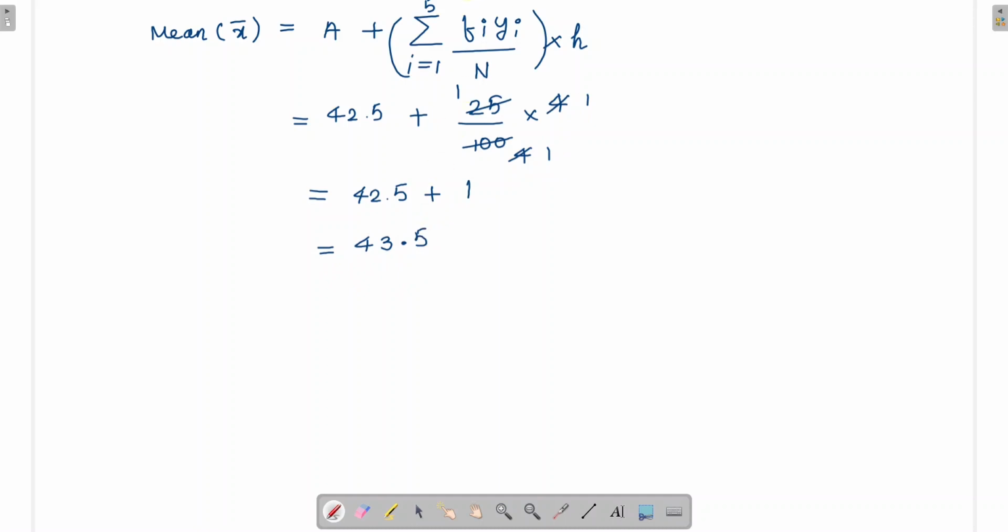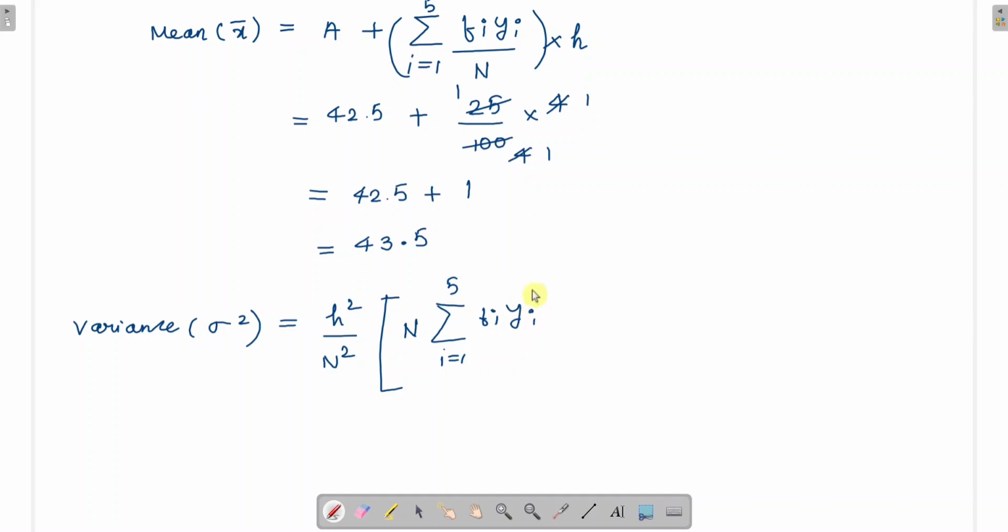Okay, now let us find the variance. So variance, that is sigma square, is equal to h square divided by N square times N summation i going from 1 to 5 fi yi square minus summation i going from 1 to 5 fi yi the whole square.